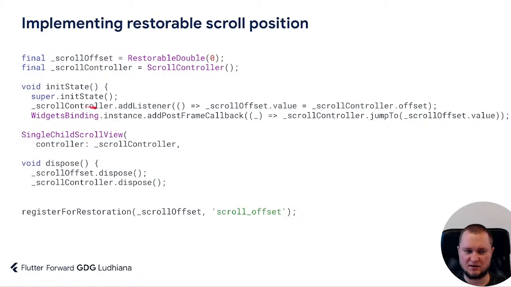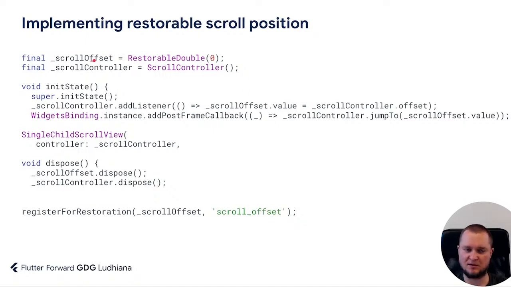To do that, we add a listener to scroll controller, and on each scroll change, this callback is fired. We take the current offset from scroll controller and assign it to the scroll Restorable double.